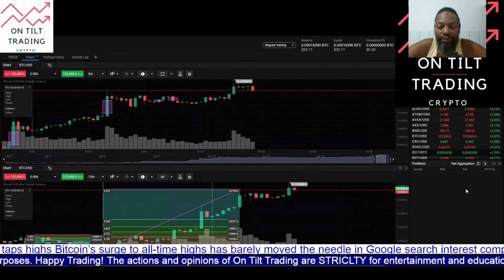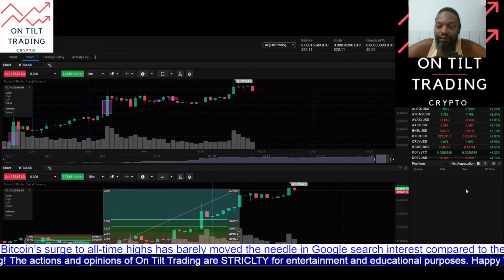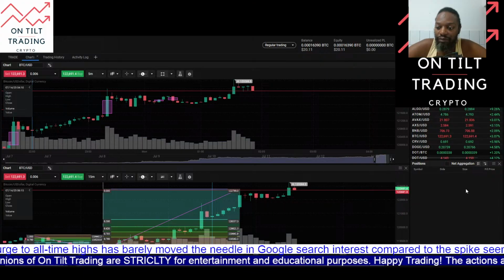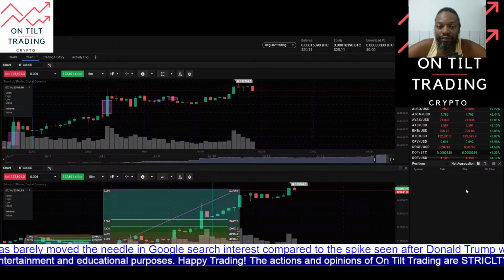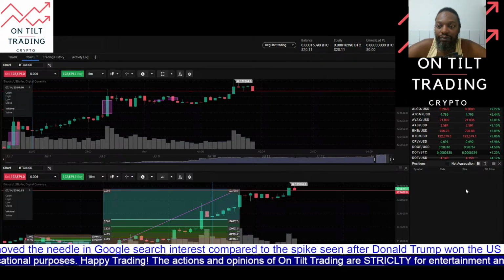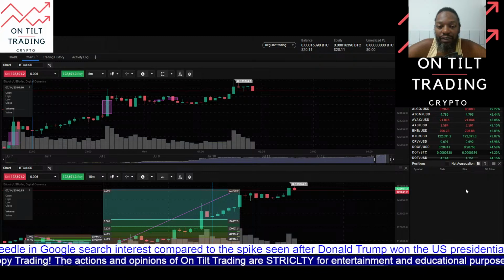Less than 1 minute remaining in the current candle. $122,680.